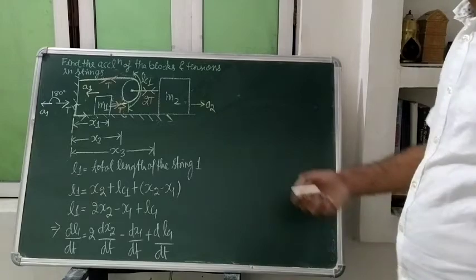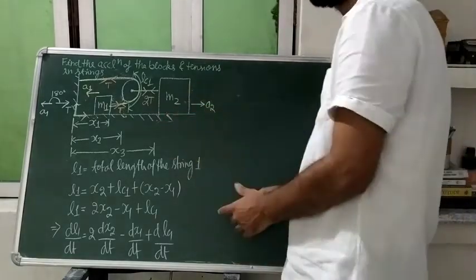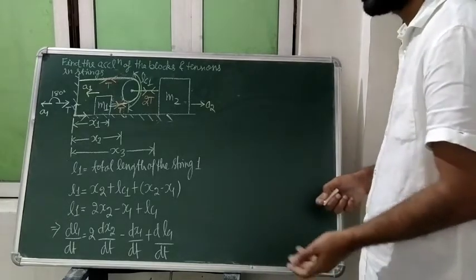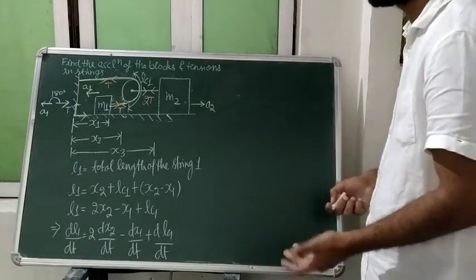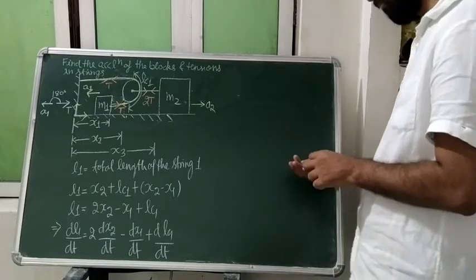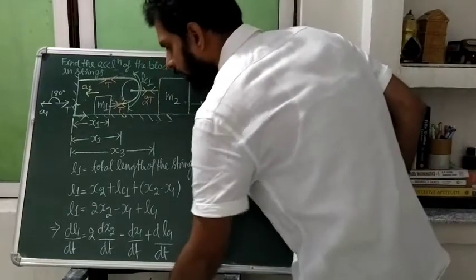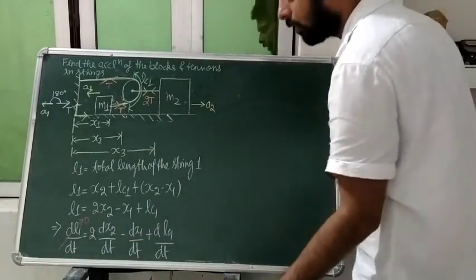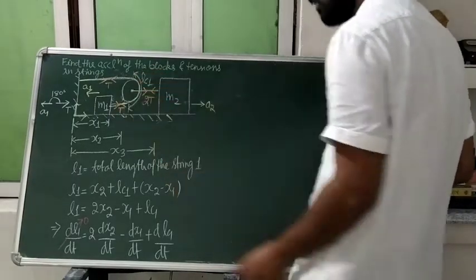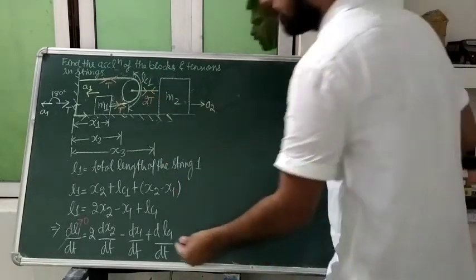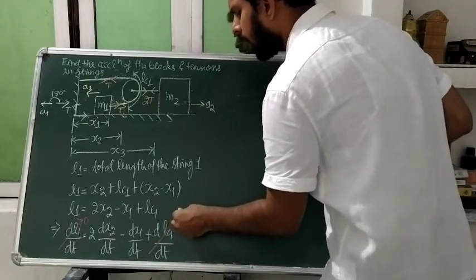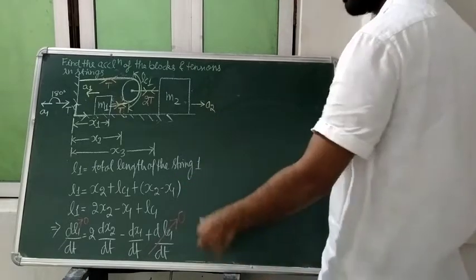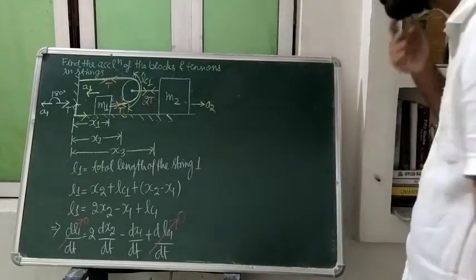Of course, the length L1 of the string is constant, since we have assumed a massless and inextensible string, so its length is not going to change, it is not elastic. When we differentiate a constant, we get 0. Similarly, the length of string over the pulley will be constant, so its differentiation will also be 0.